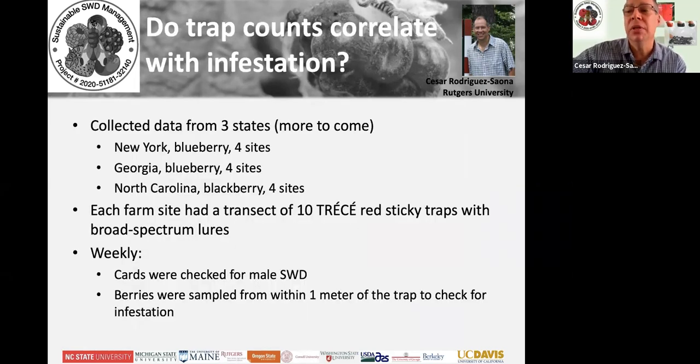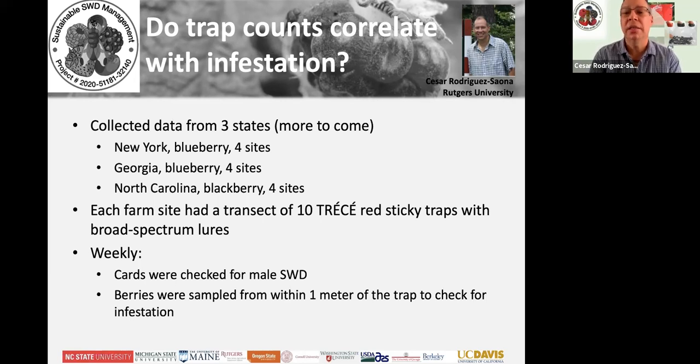So another important aspect of a good trap is whether it can provide information on crop injury. Thus, we conducted a study this year to determine whether spotted wing Drosophila captures on red sticky panels correlate with fruit infestation.